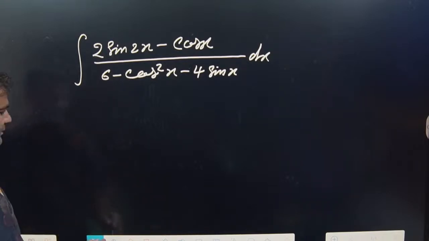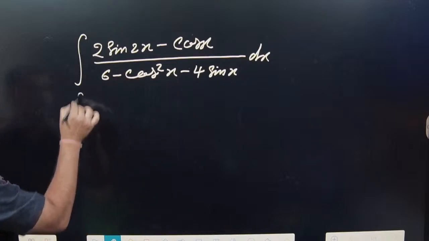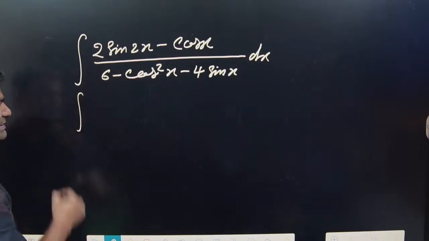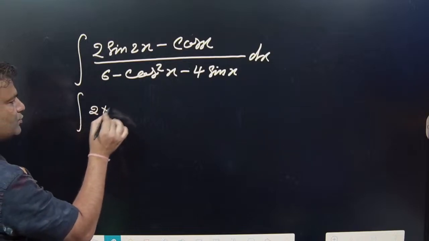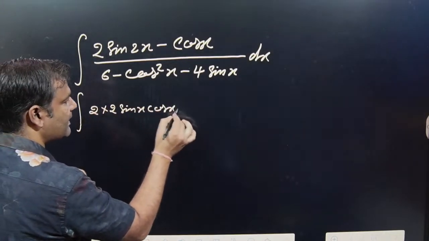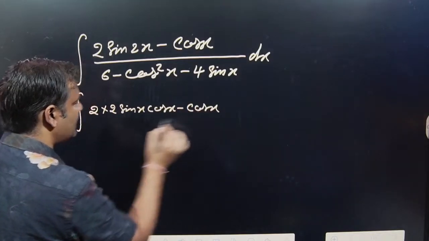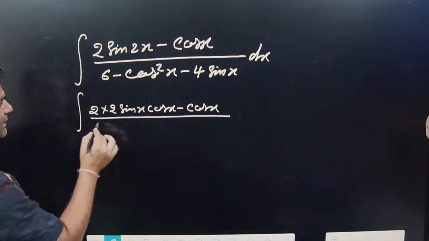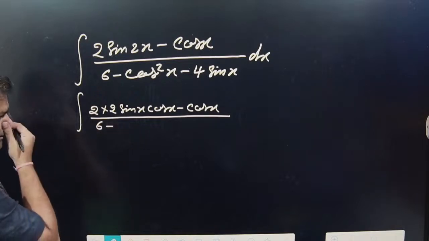If you see very carefully, 2 sin 2x is written as 2 into sin x into cos x, and here cos x, divided by 6 minus cos square x.